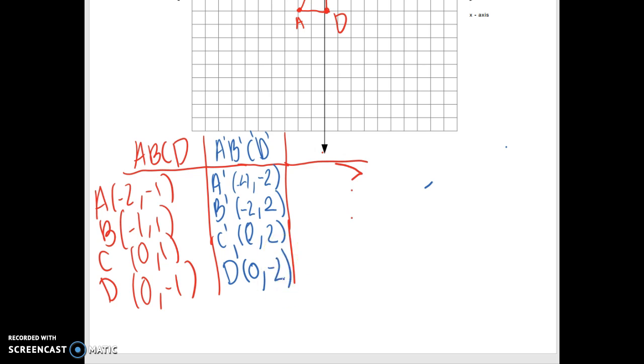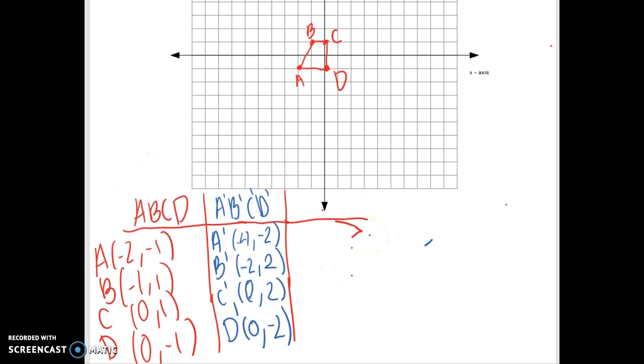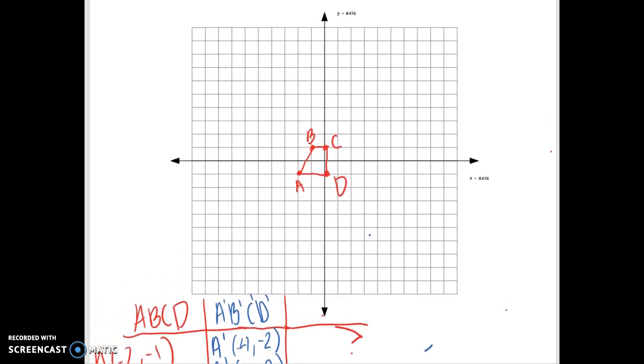So I'm just multiplying my x and my y coordinates by 2. That's what my scale factor is. So I have -4, -2. I have -2, 2. I have 0, 2. And I have 0, -2.